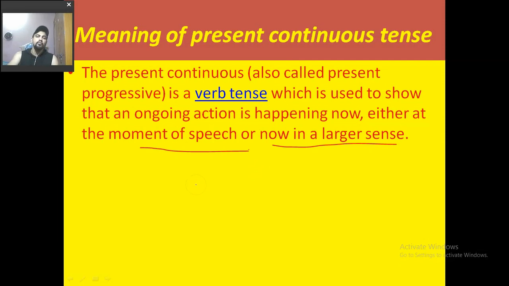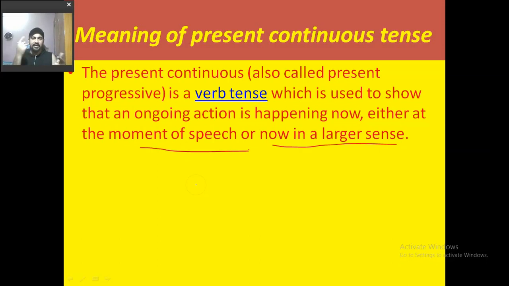So we have to keep three things in mind. First is present, then continuous, then tense. So we're talking about a certain tense that is in the present continuous form. Suppose we have three periods: past, present, and future. So past comes first, then present, and future.